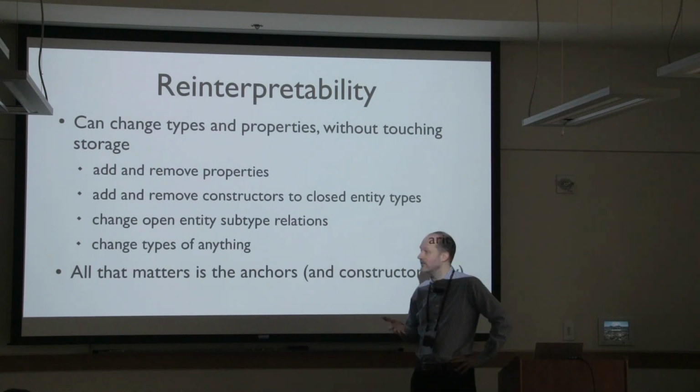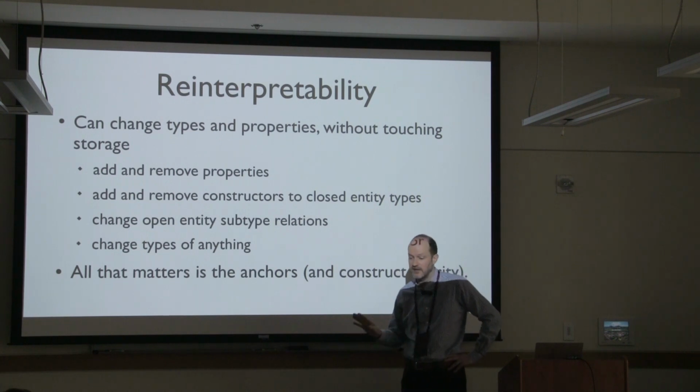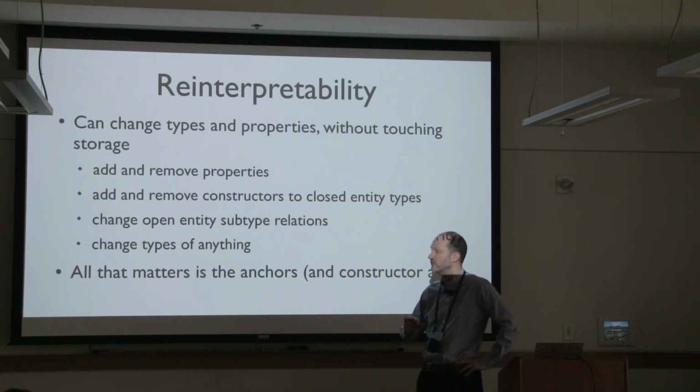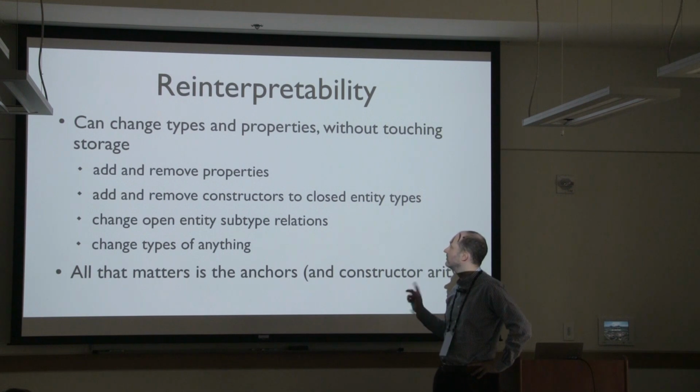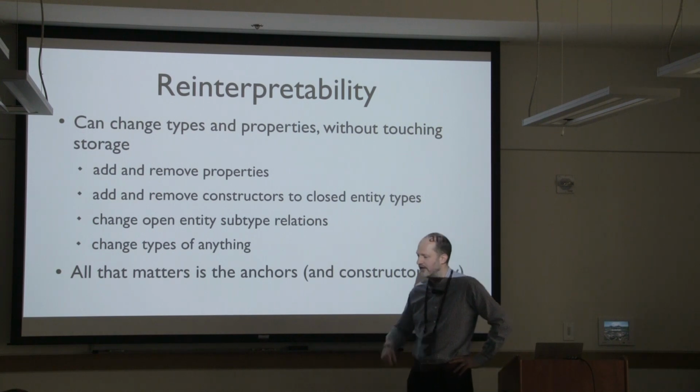So obviously you can add or remove properties. If you add new properties, then initially all the values of those properties will be unknown. And if you remove a property, that's fine. The information's still in storage, you're just ignoring it. You can also add or remove constructors to closed entity types. If you add a constructor, that's a new kind of value for that type.